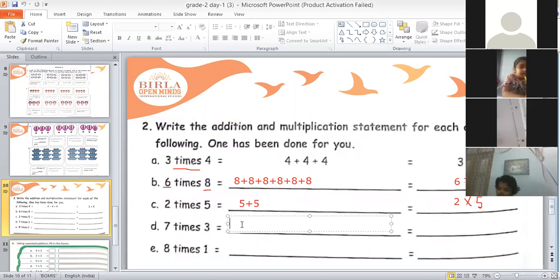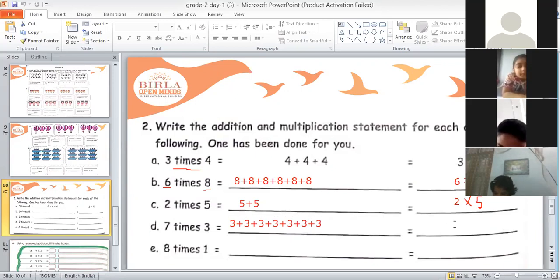So what is the answer? 3 plus 3 plus 3 plus 3 plus 3 plus 3 plus 3. So we are going to write 3 7 times: 1, 2, 3, 4, 5, 6, 7. 7 times 3. Okay, this is correct.